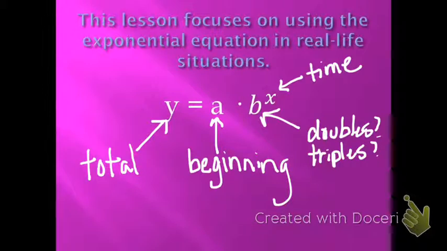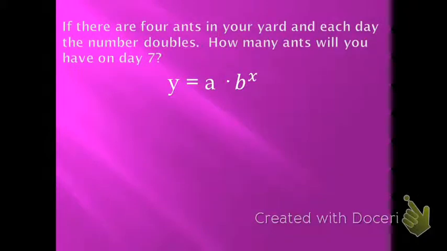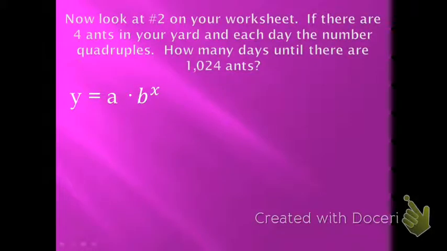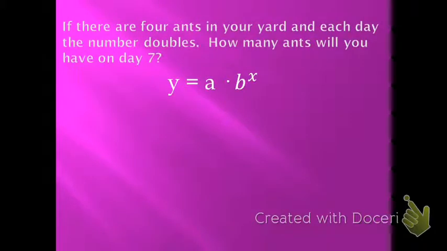So let's look at an example. If there are 4 ants in your yard, and each day the number doubles, how many ants will you have on day 7? So you're going to look and see what kind of information they're looking for. They're looking for how many ants you have on a certain day.